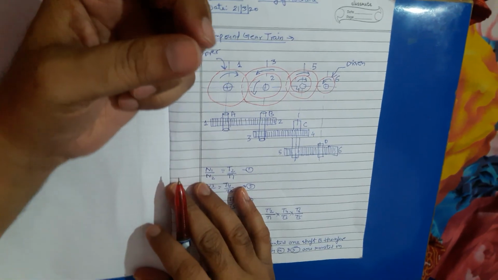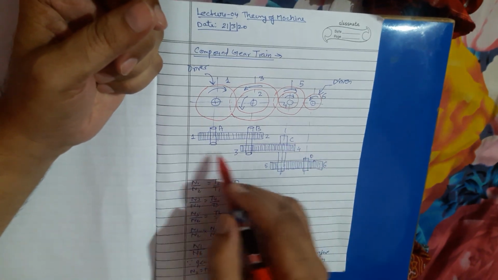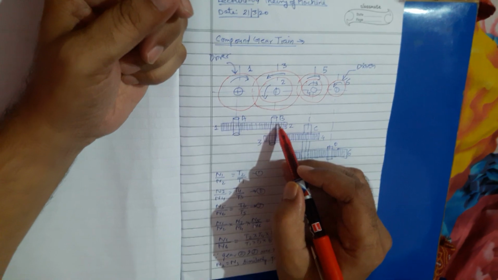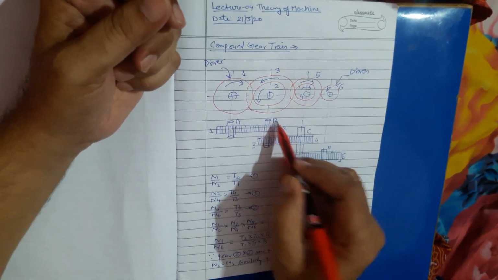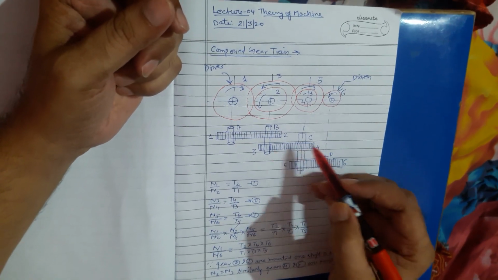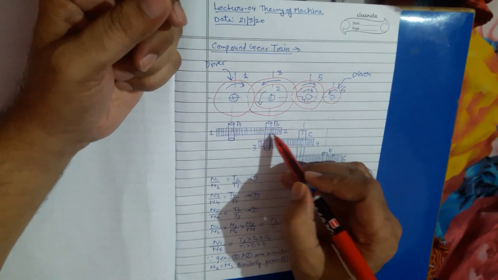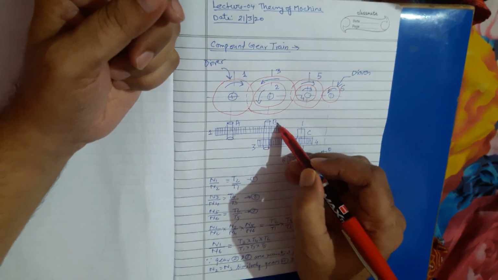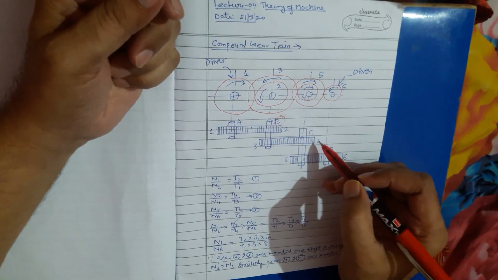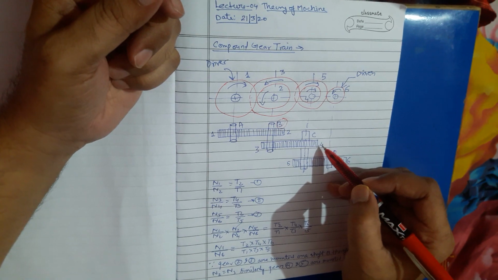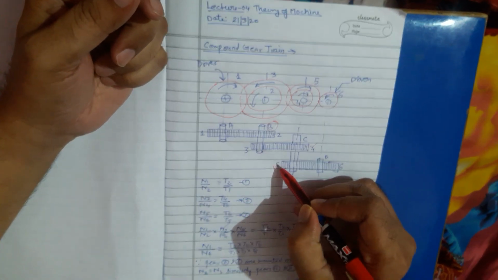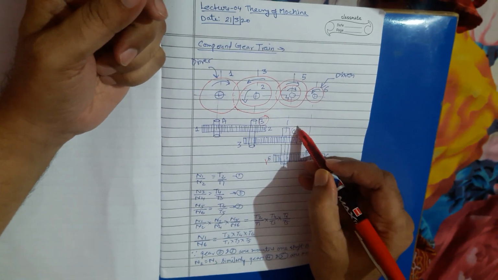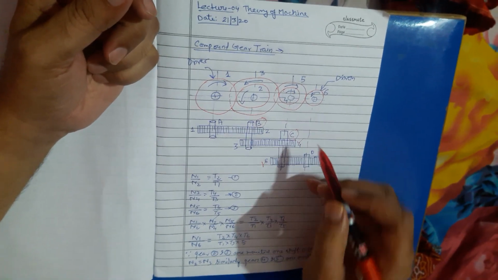In the side view, you can see shaft B and shaft C. Gear number 2 and gear number 3 are mounted on the same shaft, that is B. Similarly, gear number 4 and gear number 5, which are mounted on the same shaft, are shown in the diagram as C.